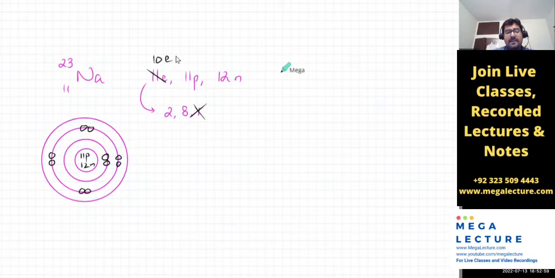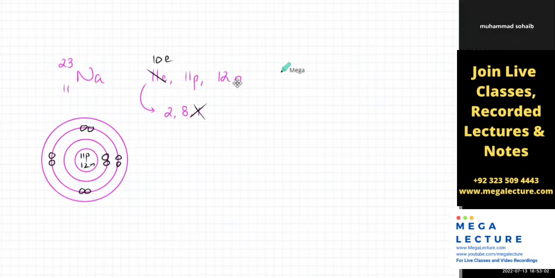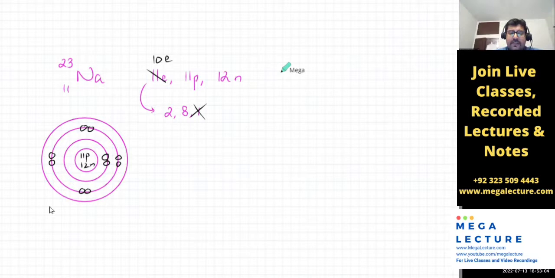Why? Because when it loses an electron, what is the composition of the atom now? It's 10 electrons, so that means it's got a charge of minus 10. But it's got 11 protons, so it's got a charge of plus 11.